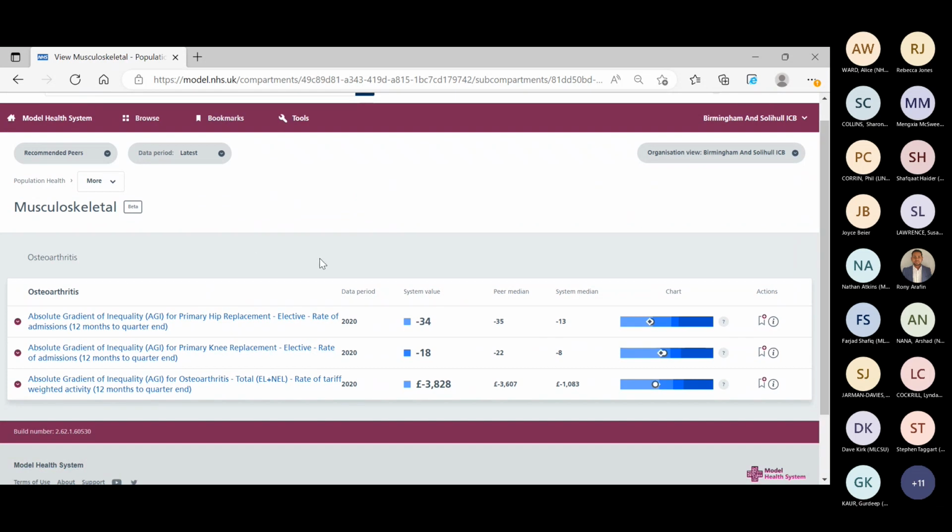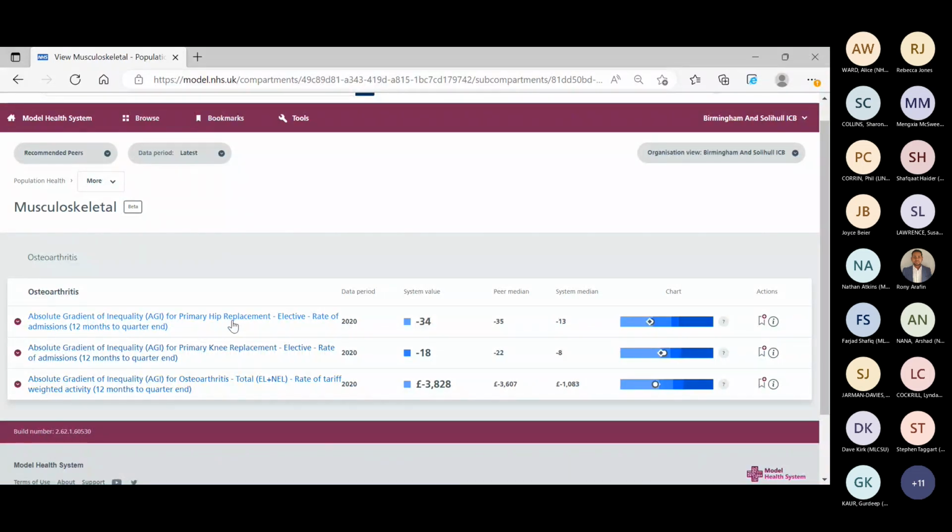The main metric here is the absolute gradient of inequality, which looks at the slope of the line of best fit if you're looking at deprivation plotted against the relevant metrics.